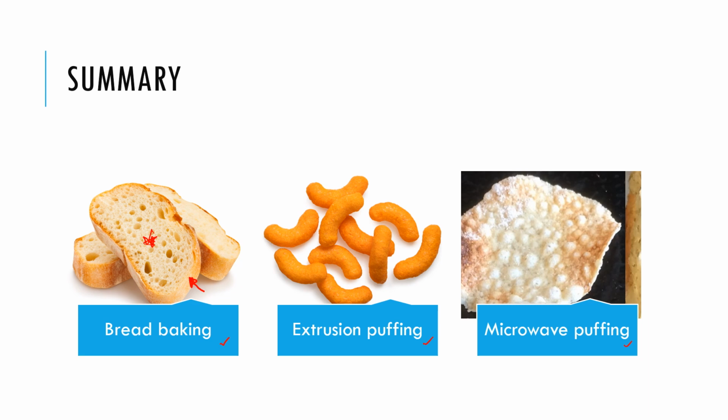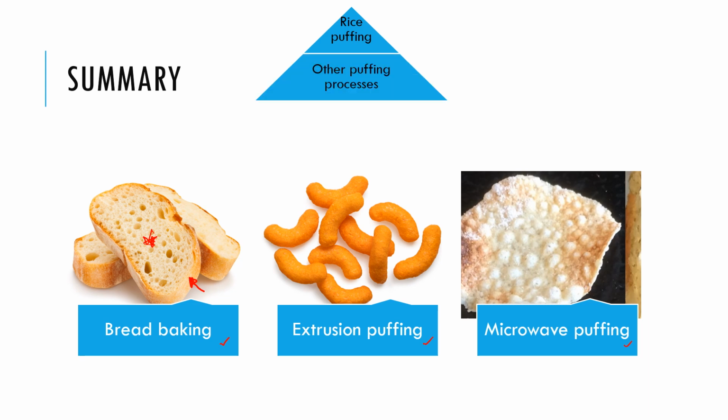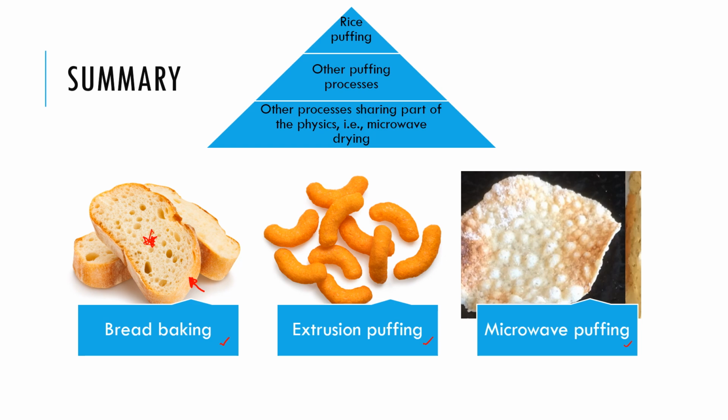Now let's generalize further. I want you to see that this was one of the application videos. So it was more about rice puffing, but then we generalize the physics that we learned into other puffing processes. So it's much more broadly applicable. But it's actually even more broadly applicable because there are other processes that share a part of the physics.